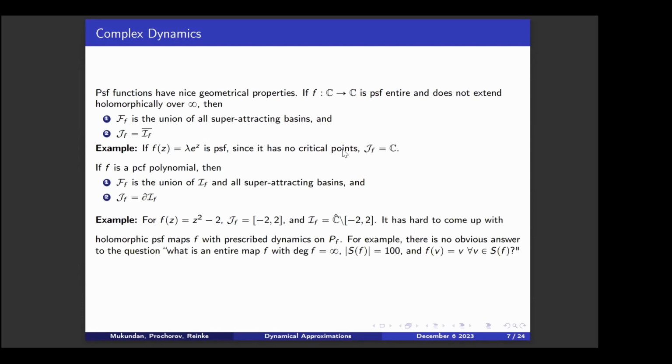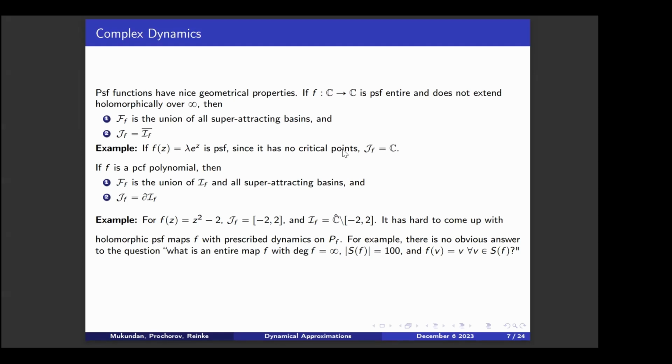So these are some of the ways in which PSF functions are nice and useful. But the problem with PSF functions is that it's hard to come up with them. So for example, if you ask me what is a transcendental entire map f with 100 singular values such that each of them is fixed, there is no way to answer such a question.